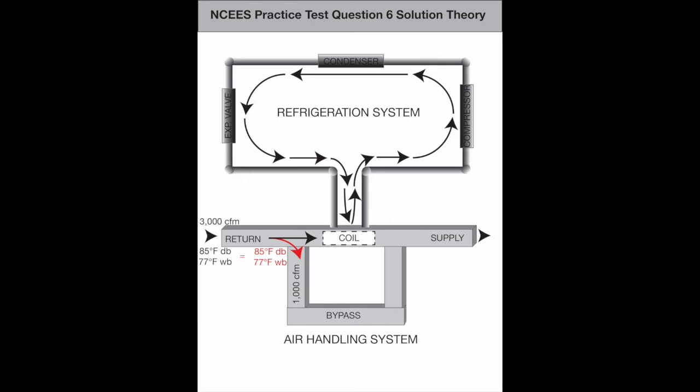Once the 1,000 CFM has been diverted from the return's 3,000 CFM, the remaining 2,000 CFM go through a coil. This coil changes the air temperature to 54 degrees dry bulb saturated. Then, this exiting air is mixed with the bypass air, and you must determine the temperature of the mix.